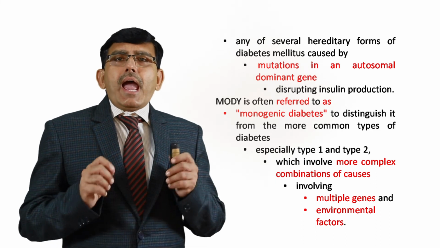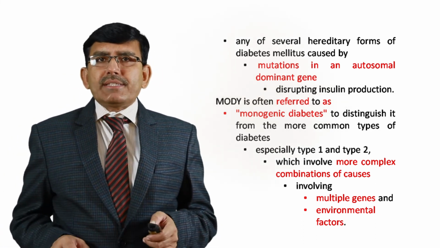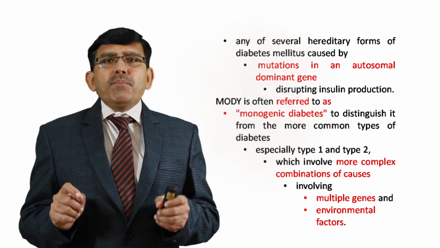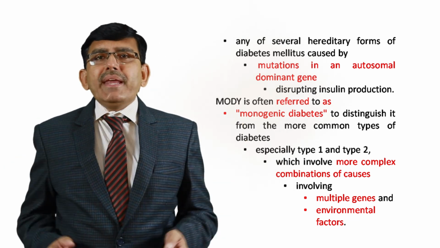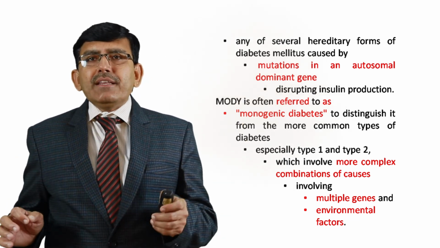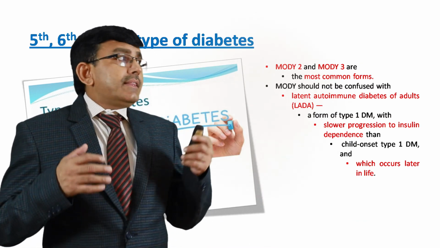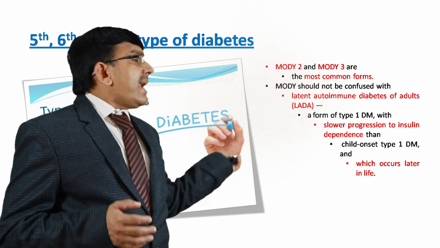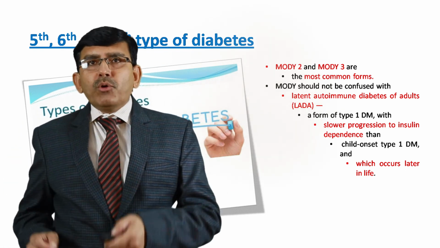This is referred to as monogenic diabetes, unlike type 1 and type 2, which involve a more complex combination of causes like multiple genes and environmental factors. MODY itself is of two types, MODY 2 and MODY 3.